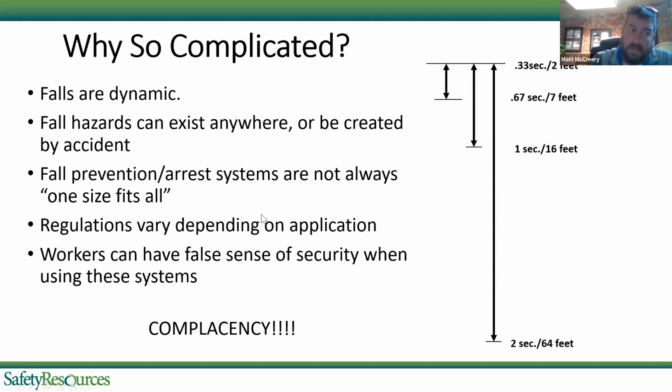Falls are very complicated. I always tell folks when I'm doing fall protection training, I say, okay, a 200-pound worker falling 6 feet would hit the ground in less than 1 second. And then I always find a young guy and I ask him, hey, listen, if I gave you $100 to jump off this, let's say 10-foot roof and land in this grass, would you take that bet?